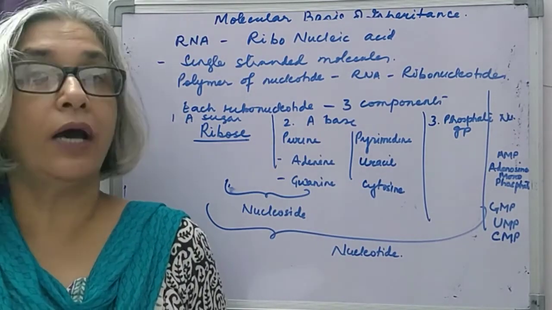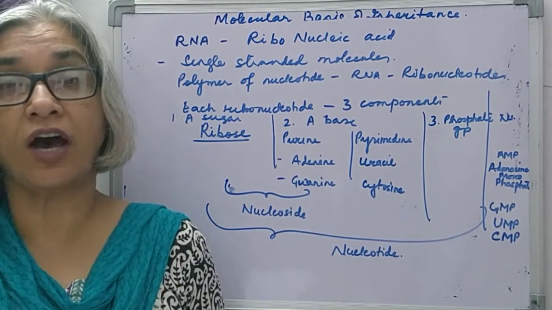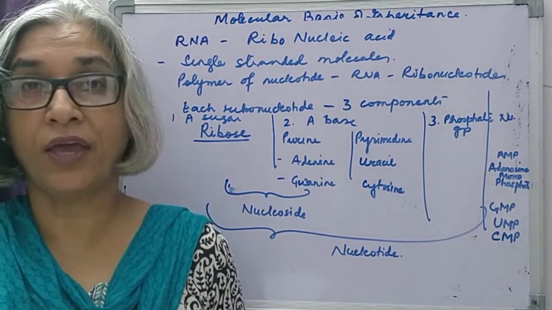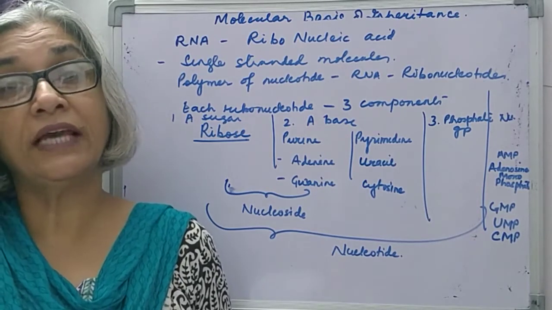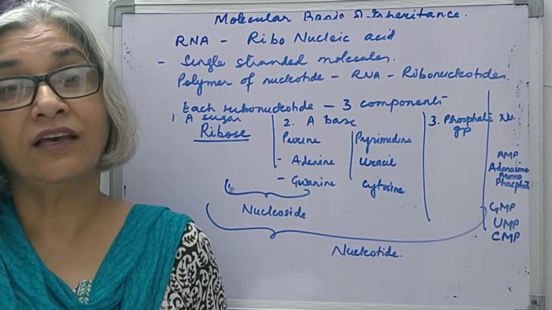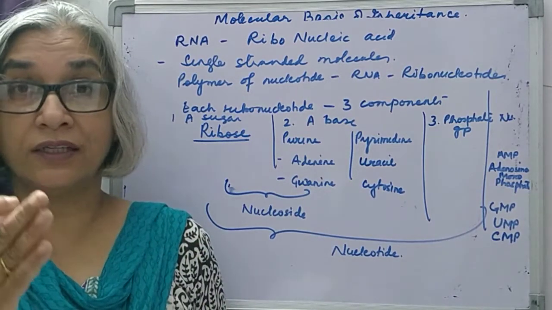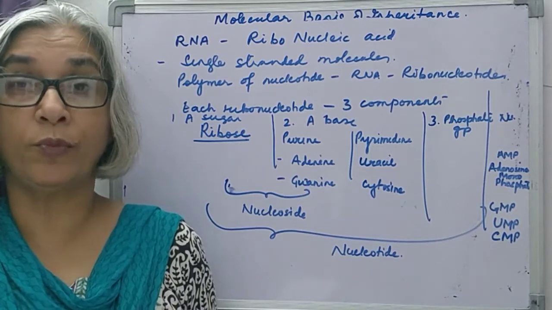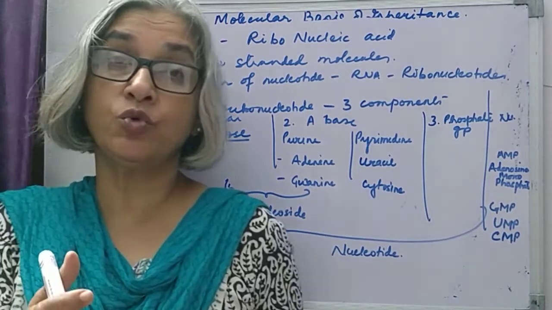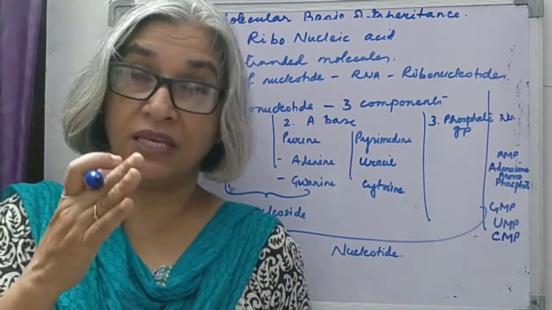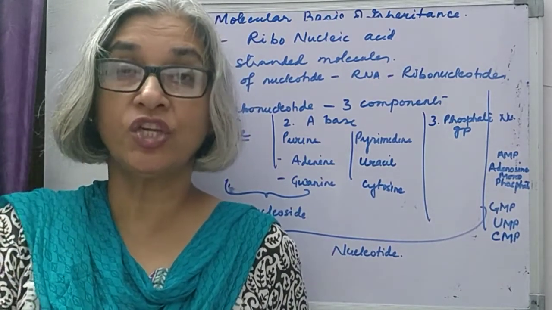You know, RNA helps in protein synthesis, and there are three kinds of RNA. RNA found in the ribosomes is called ribosomal RNA. RNA also helps in protein synthesis: DNA decides what protein is going to be formed, DNA first transcribes into messenger RNA, and then messenger RNA changes into protein.